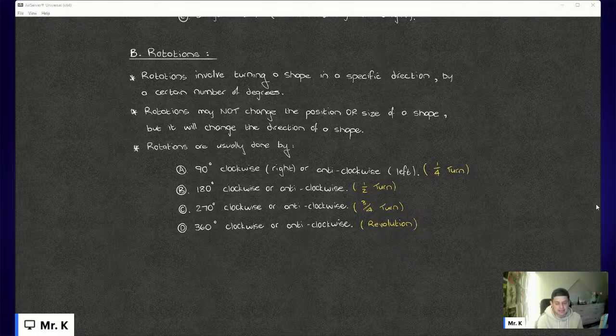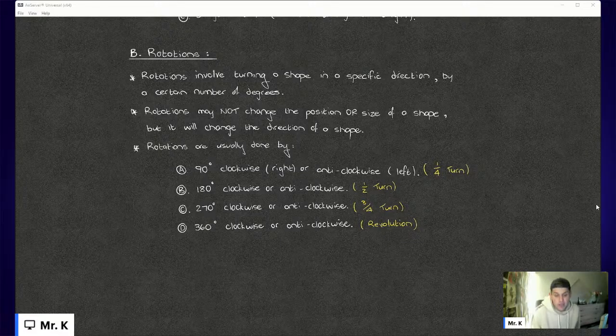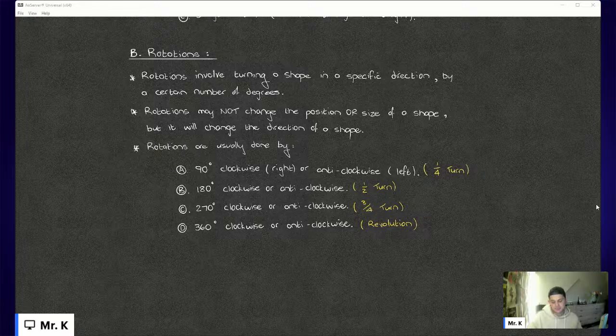There's nothing that says, guys, later on that we cannot combine these transformations so that I rotate something and I reflect it and then I move that reflected shape, right? It is very possible for us to chain these transformations together. But before we can understand how to do them in combination, we need to understand how to do them in isolation, right? On their own, one at a time.